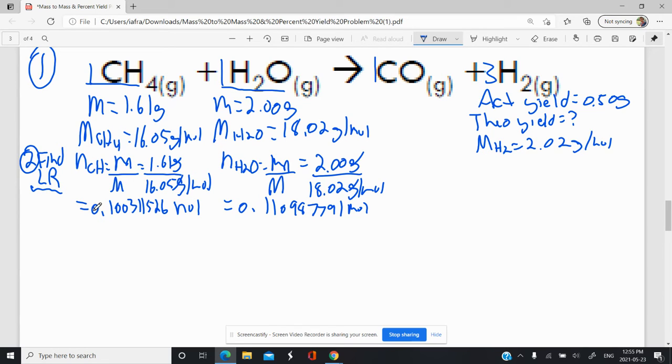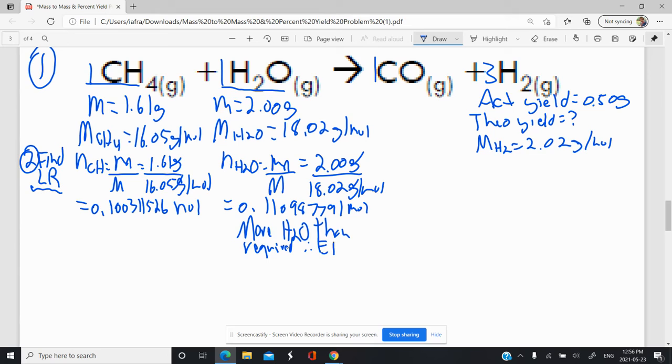Theoretically, if you had 0.1003 moles of CH4, that's how much H2O should be reacting because it's a 1-to-1 ratio. But notice you have more than that. You have 0.11. So you have more H2O than required, right? Because it's a 1-to-1 ratio, it should only be 0.1003.